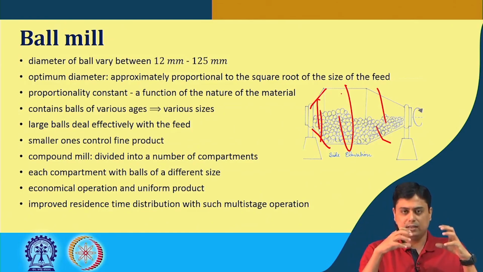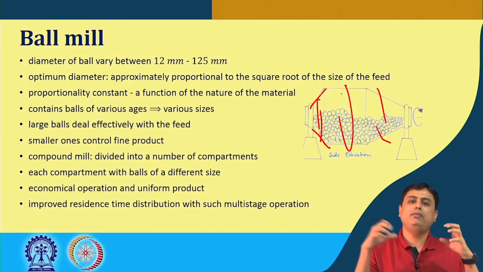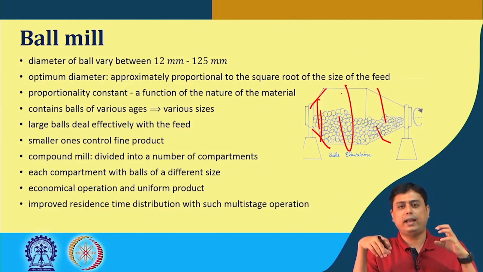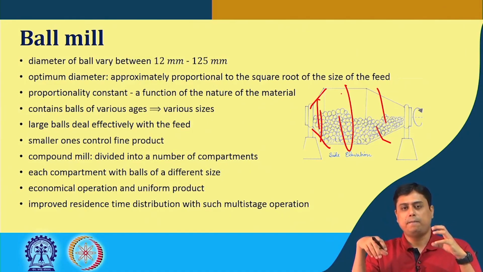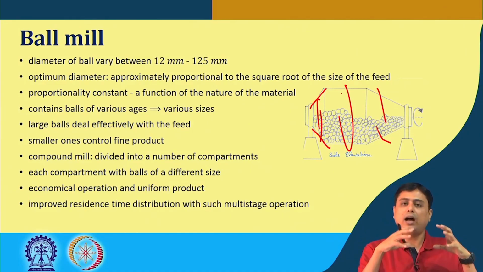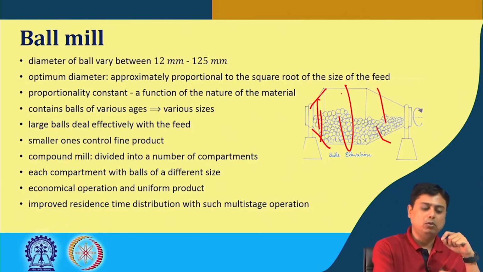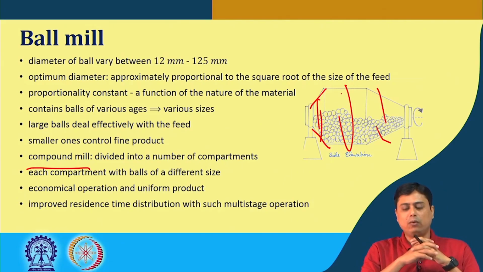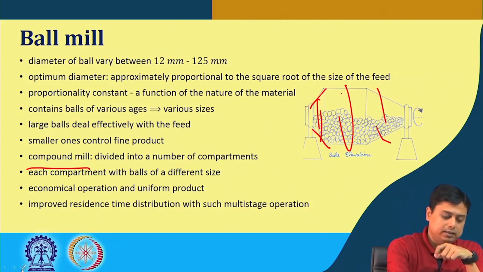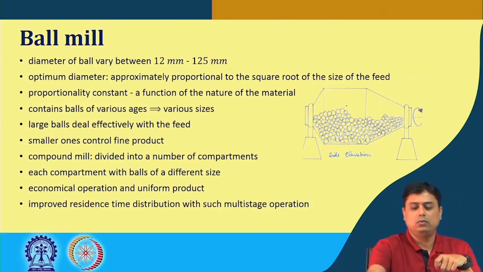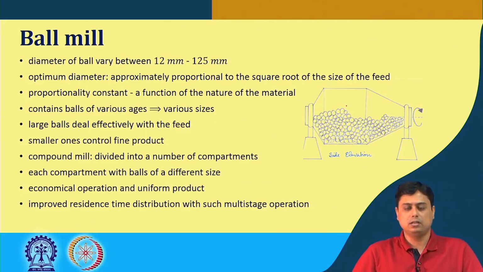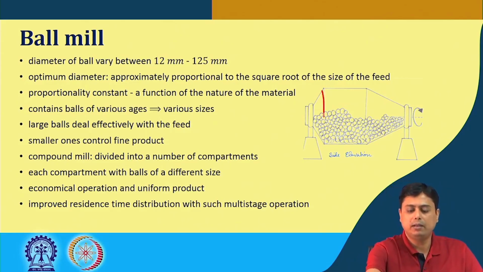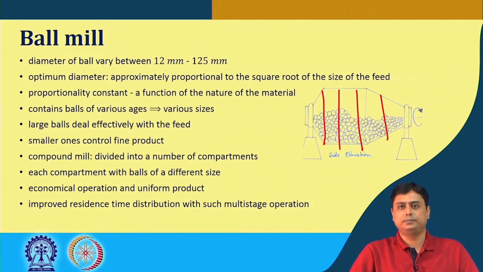just because of the thing that we have mentioned, that with different sizes this effective grinding can happen, and that is why there are uses of a compound mill, or compound ball mill. Here what happens is that this ball mill, which is a single compartment, is divided into multiple vertical compartments with vertical wears.